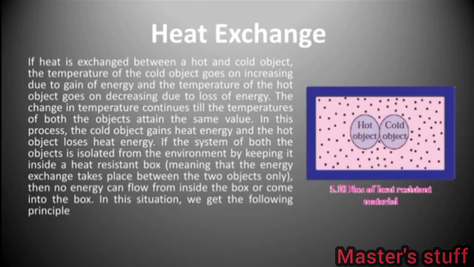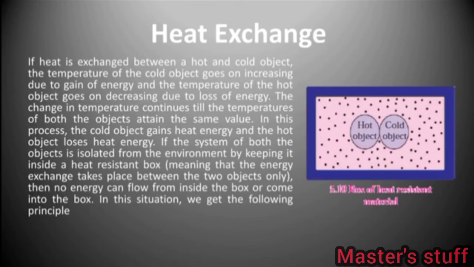If the system of both the objects is isolated from the environment by keeping it inside a heat resistant box, meaning that the energy exchange takes place between the two objects only, then no energy can flow out of the box or come into the box, as shown in figure 5.10.